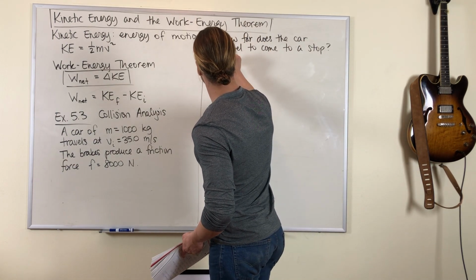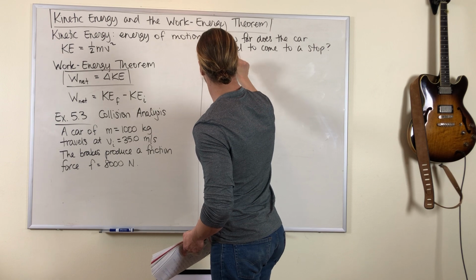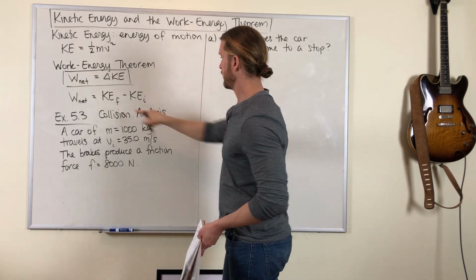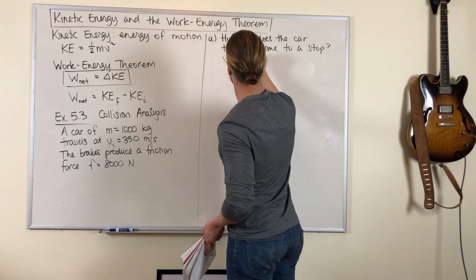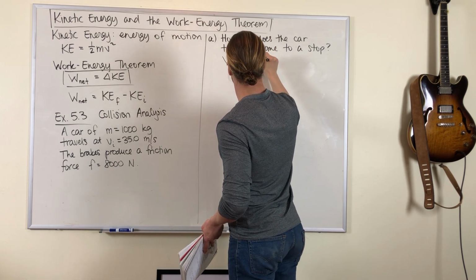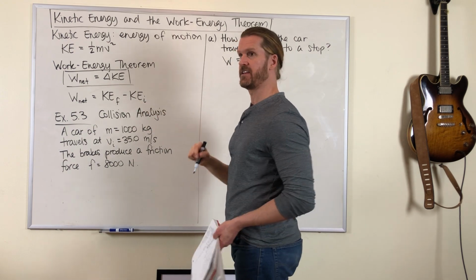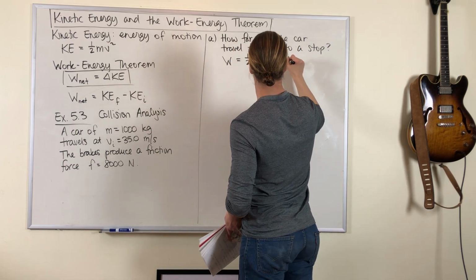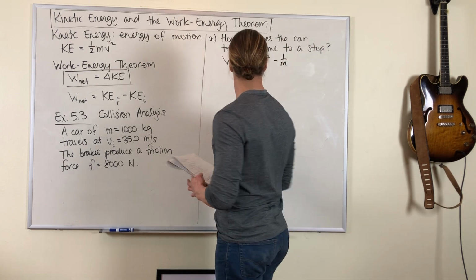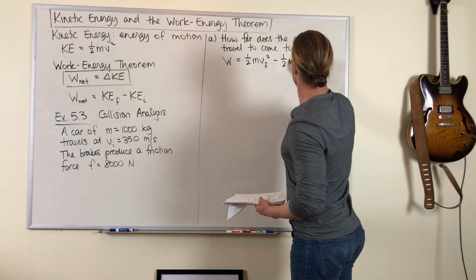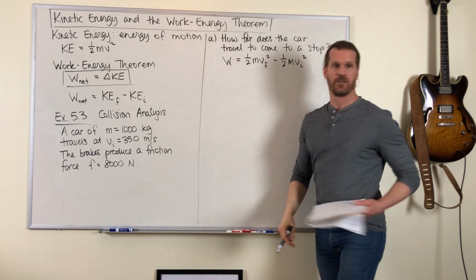So the Work-Energy Theorem says that the work done on this car equals its final kinetic energy, or 1/2 m v final squared, minus the initial kinetic energy, 1/2 m v initial squared.